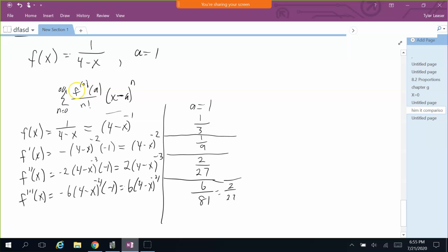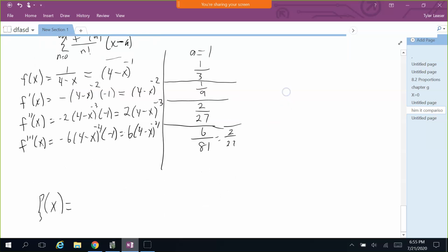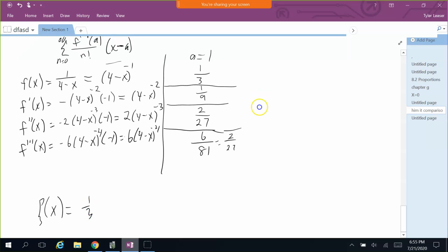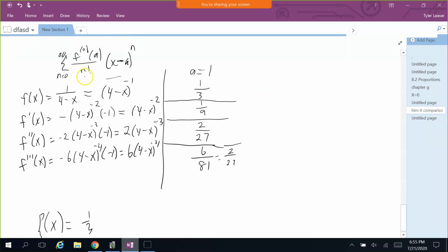So it's going to be the original function at 1, that was the 1/3, divided by 0 factorial. 0 factorial is just 1, so that doesn't do anything, times x minus 1 to the 0 power, which is just 1. So for my Taylor polynomial, I'm just going to have the constant 1/3 out in front.